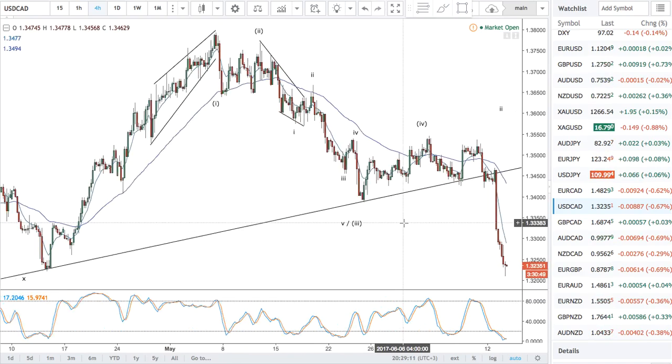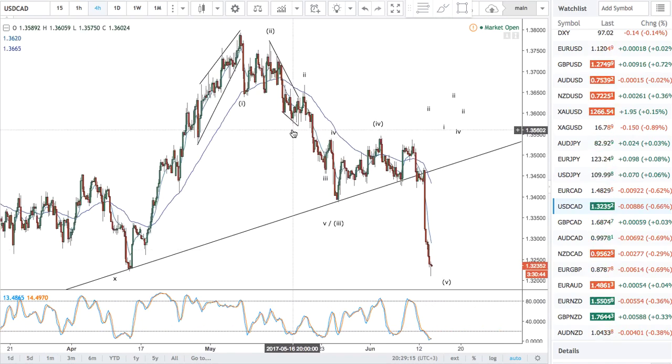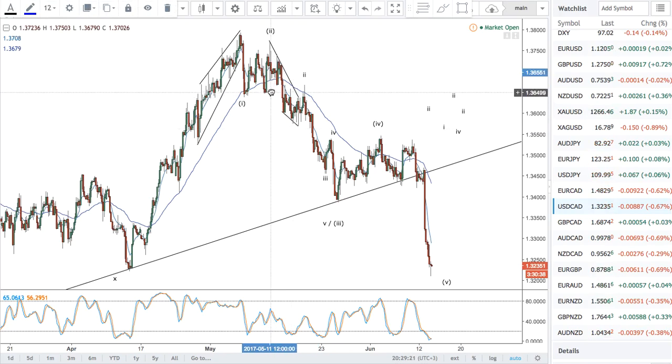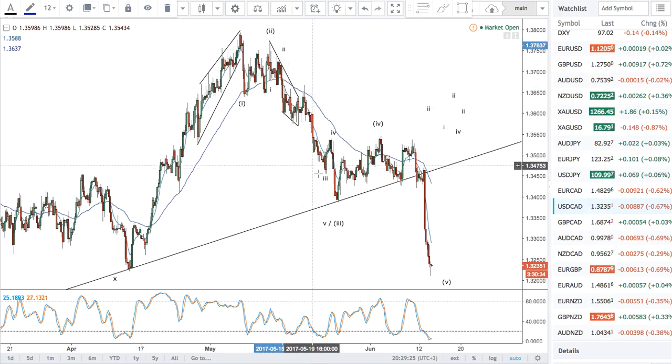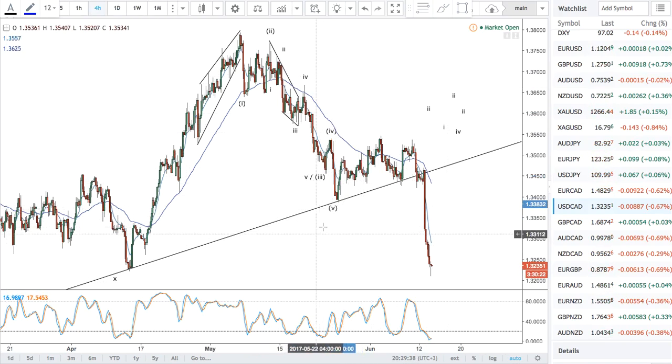However, there is another count on this, which I want to go over briefly, and that is the probably now more likely 3rd wave scenario. So if I revert to the other view, that we had 5 waves into here for wave 1.